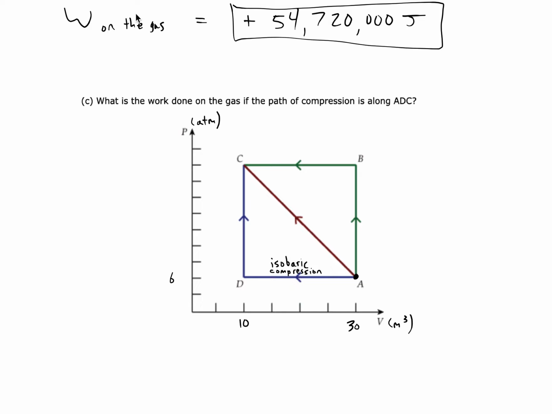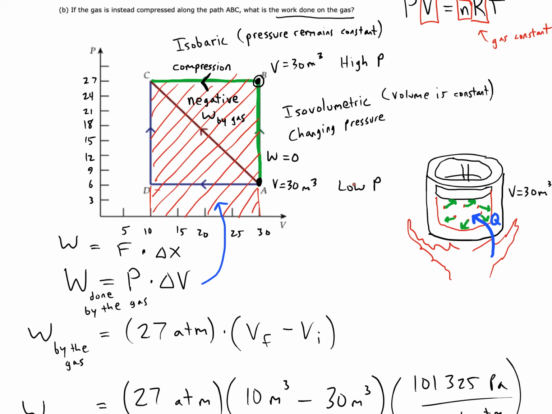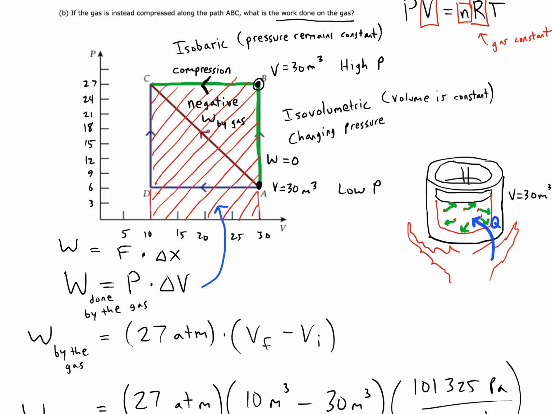So work is going to be done during that transition. The work done will be given by the area under that segment there. As you can see, this is a much smaller area than we would have had going from B to C. When we went from B to C, we had to get all this area underneath it, so our height was 27.